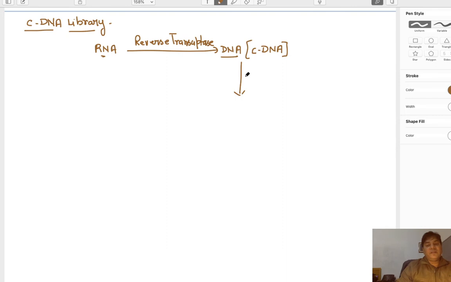So this cDNA is ligated to the cloning vector, and then we obtain the clone gene. Alright, so if we have a collection of many cDNAs, this will form the cDNA library.